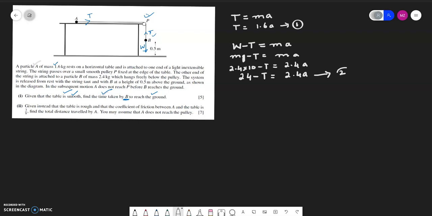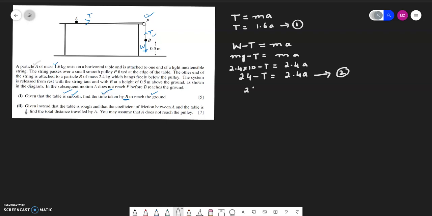Now we need to solve these two equations simultaneously in order to calculate the value of a, so that we can use that value of a to calculate our requirement in this question, that is the time taken by the particle B to reach the ground. From equation number 1, we take the value of T, that is 1.6a, and put it in equation number 2.